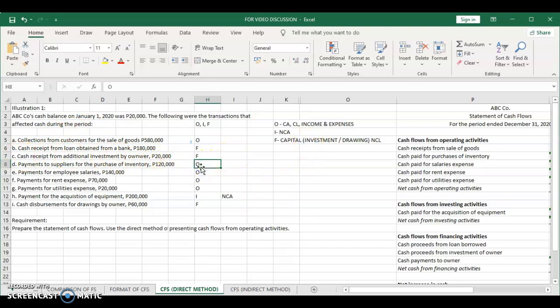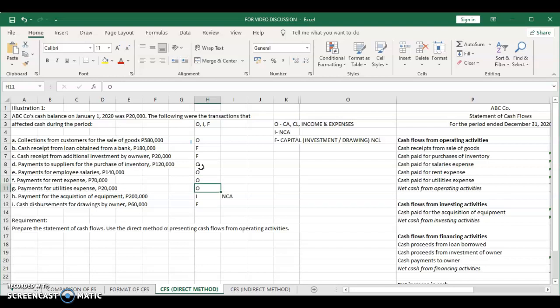And then we have letter D, payments to suppliers. So, expenses yan or operation ng business yan, so operating activities. Payment of the salary, that is expense, operating. Payment for the rent expense, again that is expense, operating. And payments for utilities expense is, again, operating.